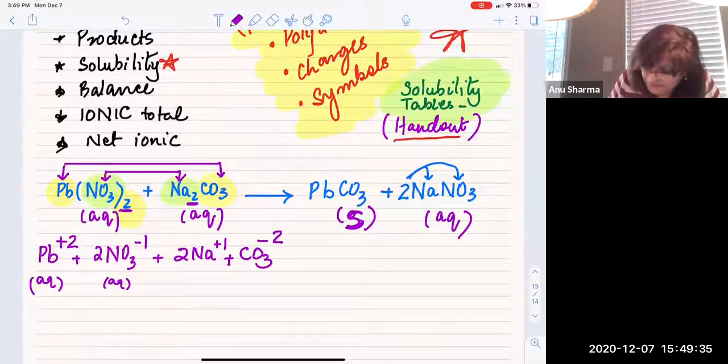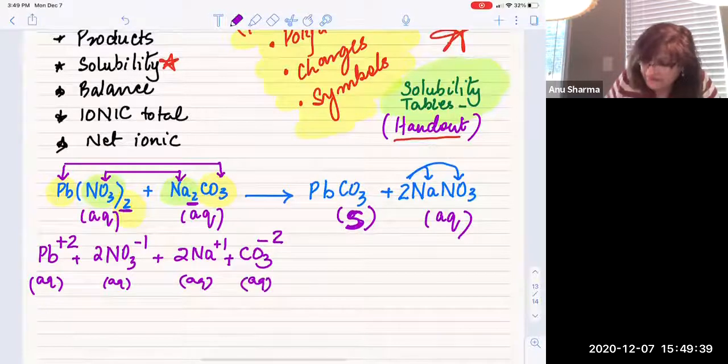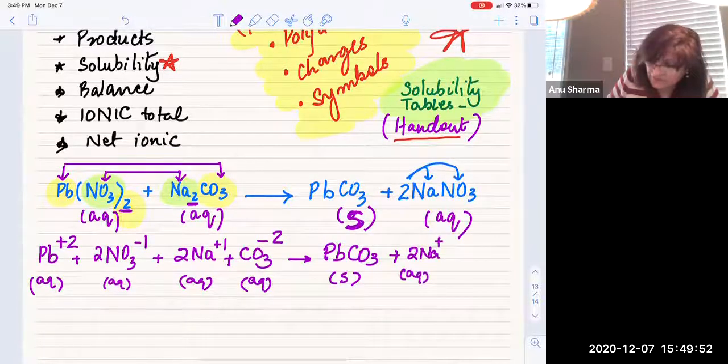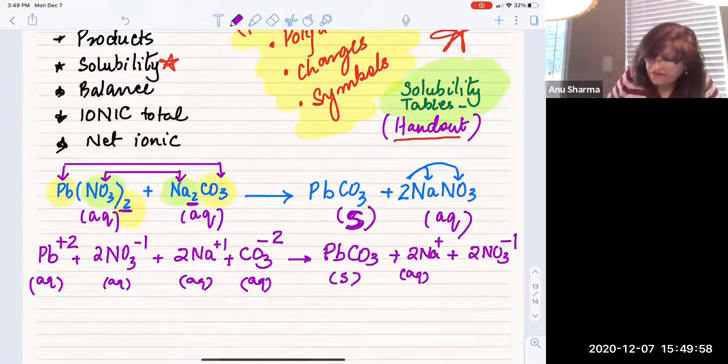So 2 sodium ions aqueous and 1 carbonate. This gives you, do not ionize the solid, PbCO3 as a solid, plus now you have 2 sodium ions plus aqueous plus 2 nitrate ions, negative 1 charge, aqueous.